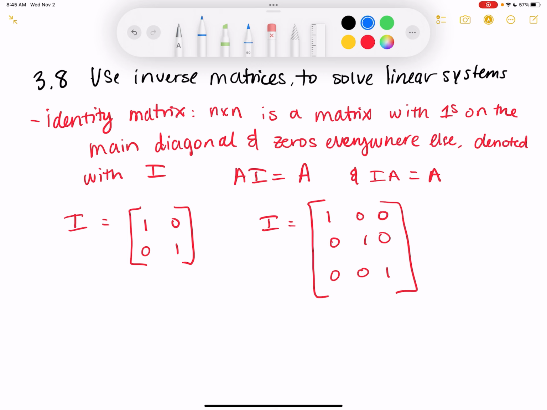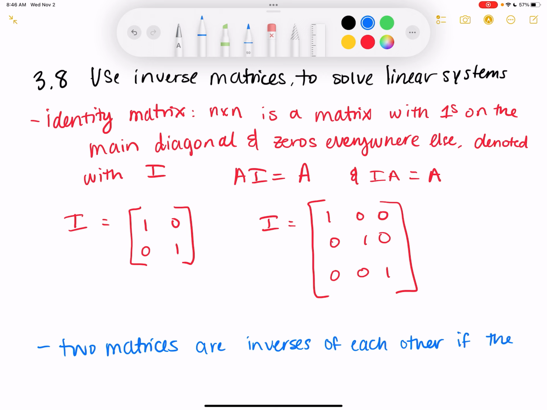And then we can also say that two matrices are inverses of each other if the product of each gives the n by n identity matrix.